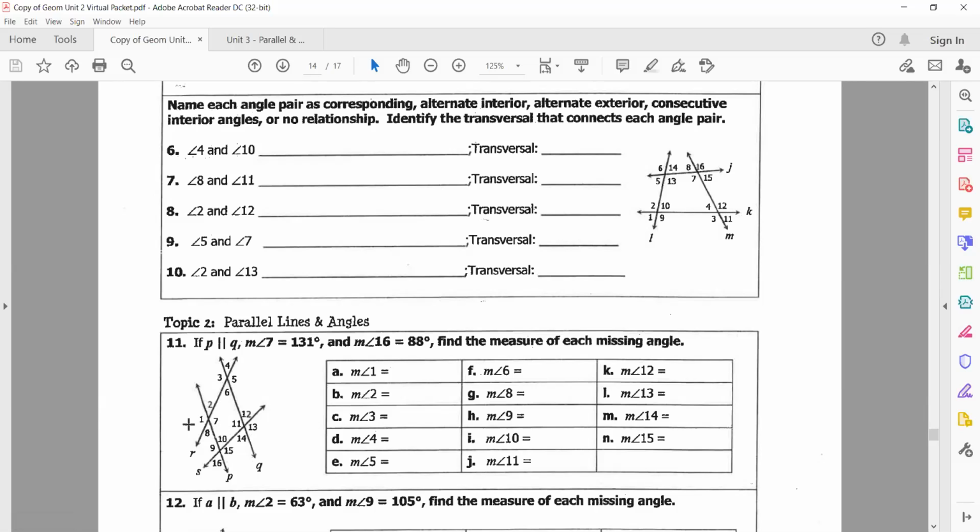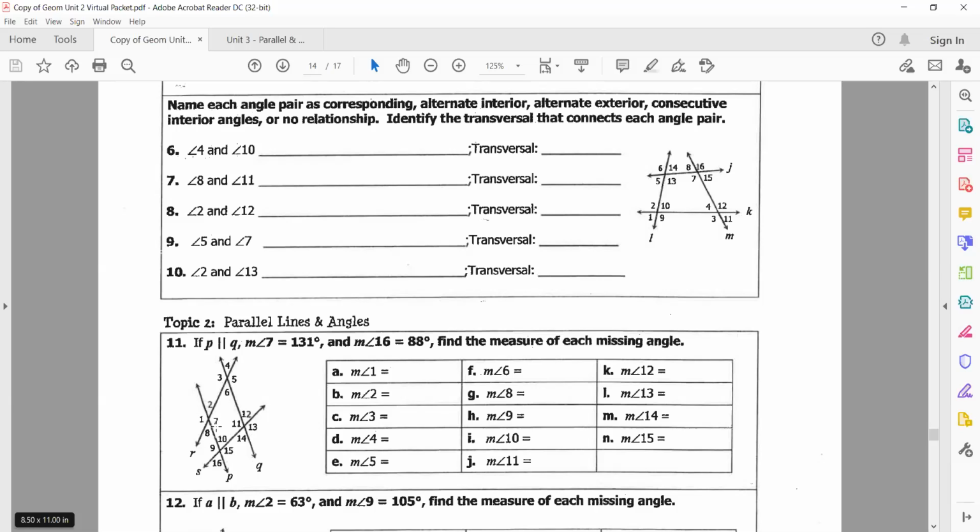How much is angle 2? 88 degrees. Nope. 1 and 2 are a linear pair, right? They form a straight line. You put 1 and 2 together, you got a straight line. 7 and 8 are a linear pair.